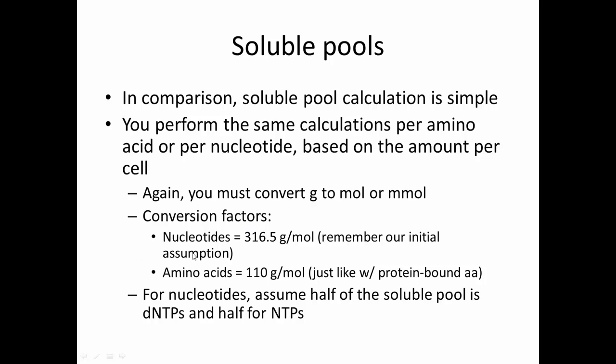Your conversion factor for nucleotides is 316.5 grams per mole. Remember our initial assumption on the paper there. For amino acids it is 110 grams per mole, just like with protein-bound amino acids. So for nucleotides, you just assume half of the soluble pool is dNTPs for DNA, and the other half would be NTPs for RNA.